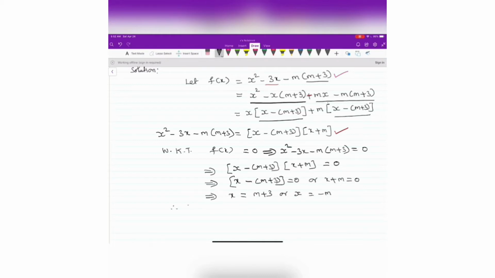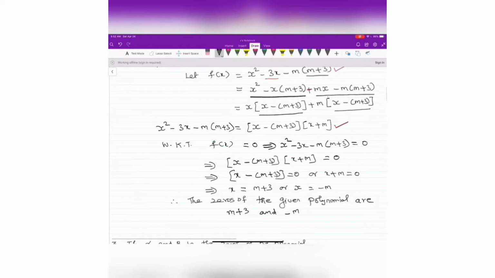Therefore, the zeros of the given polynomial are m plus 3 and minus m.